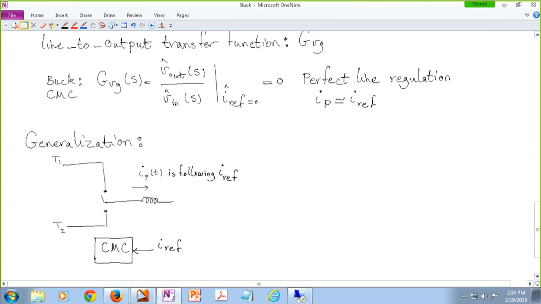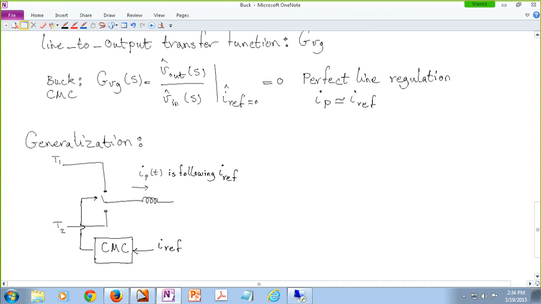And that logic is in this box that I have labeled as CMC, current mode controller, which turns the switch on and off.